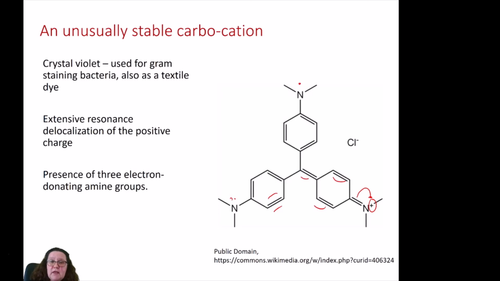So you can have many resonance forms, many ways of stabilizing that positive charge by spreading it across the whole structure because of that ability of electrons to migrate. We call that resonance delocalization. That means the positive charge is not sitting in a particular atom, it is sitting across the whole molecule, and it can move around.